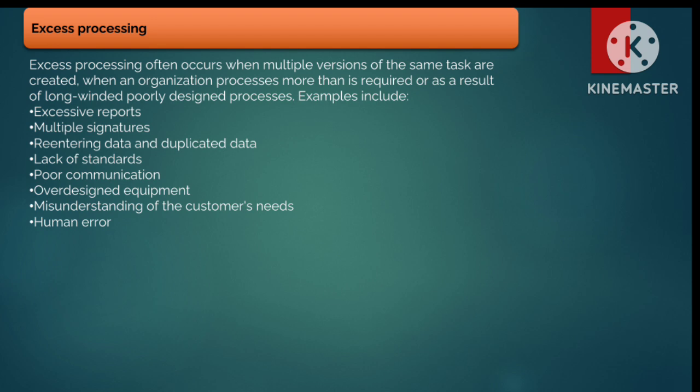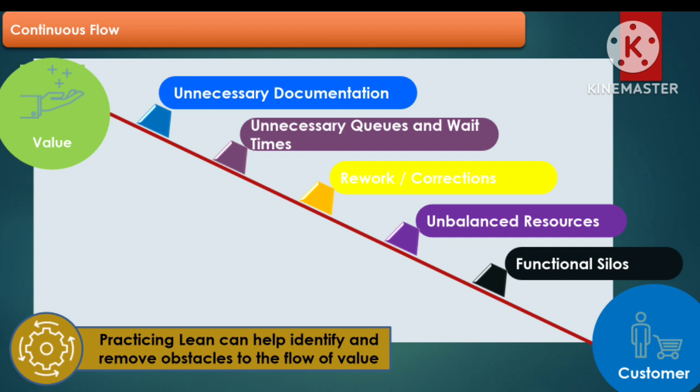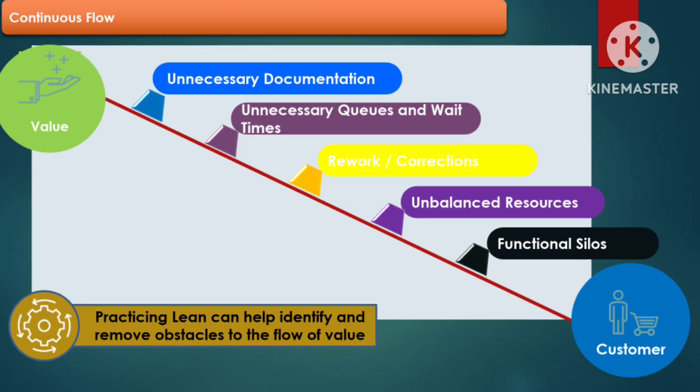So it is very important that you follow the steps so that you do not end up putting in extra effort, extra cost, extra hours for the same thing. It will be a loss for the process and a loss for the organization. So make sure you do not end up doing excessive processing, which will lead to waste in the process. Let's move on to understanding the importance of lean and what lean does.